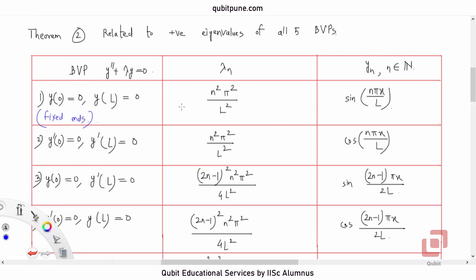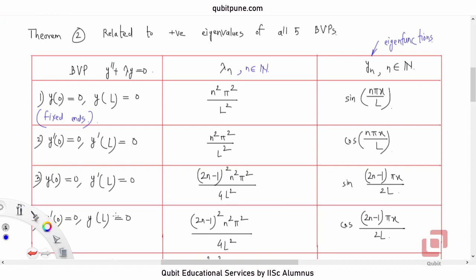You can show that the eigenvalues here are n squared pi squared upon L squared, where n is a natural number. So there are infinitely many eigenvalues, and the corresponding eigenfunctions are of the form sine n pi x upon L. There is no cosine term here for fixed ends.